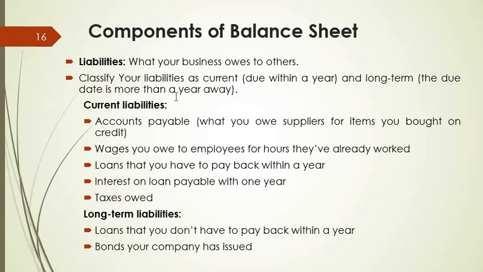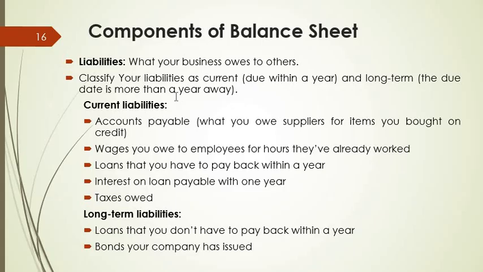Liabilities are again categorized into current liabilities and long-term liabilities based on their due date, whether they are payable within the year or more than 1 year. What your business owes to others, we call liabilities.